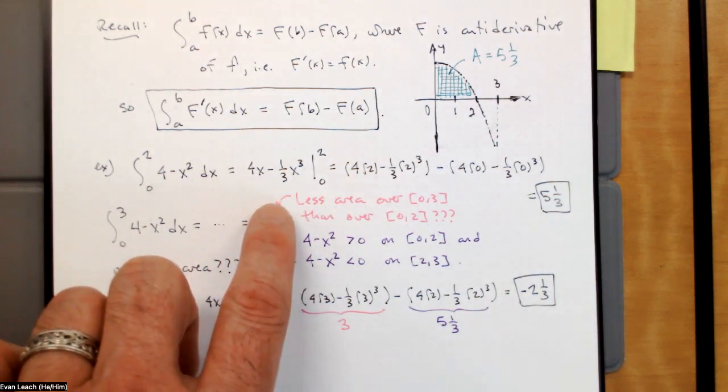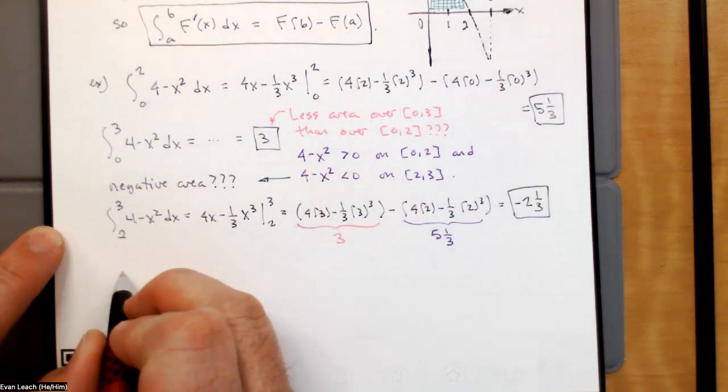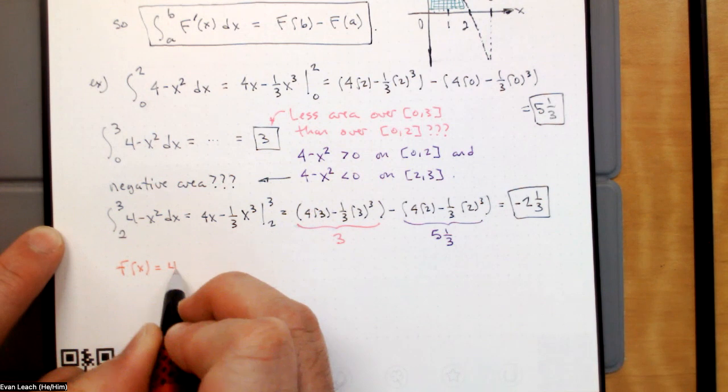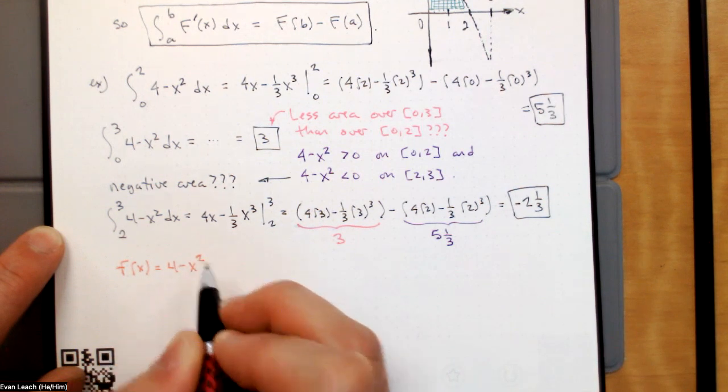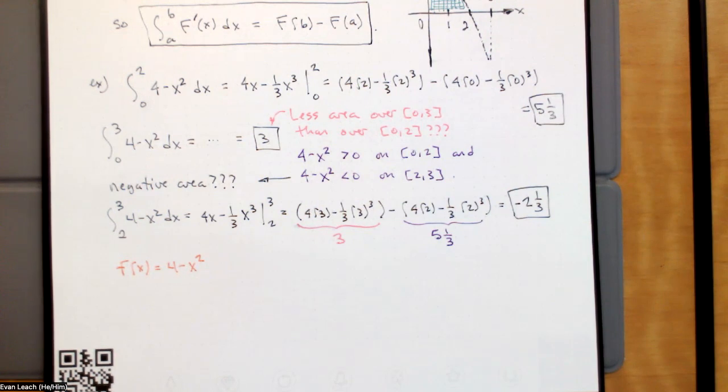That's our capital F. So in this problem, our little f is 4 minus x squared, and our capital F will be 4x minus a third x cubed.